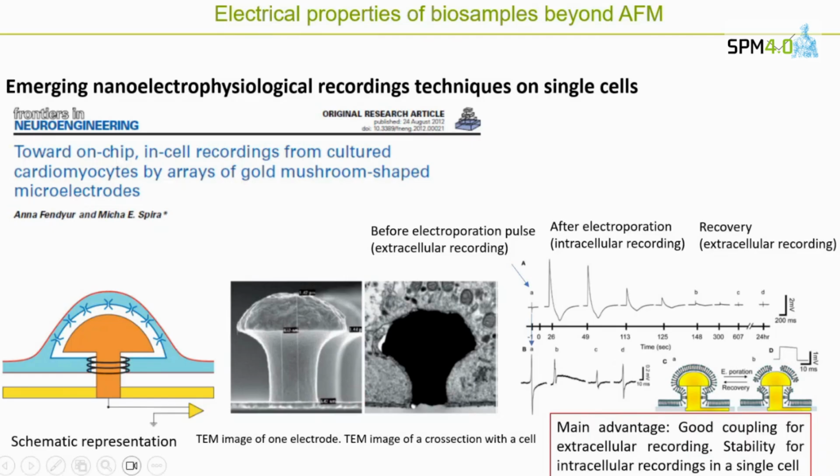And this mushroom makes the cell membrane engulf it, and eventually it porates, it forms pores, and this is where you can access the inside of the cell. So you need to porate the membrane. All these techniques record intracellular, let's say, action potentials, but they need to penetrate the cell. They need to break the cell membrane, which has advantages and disadvantages.